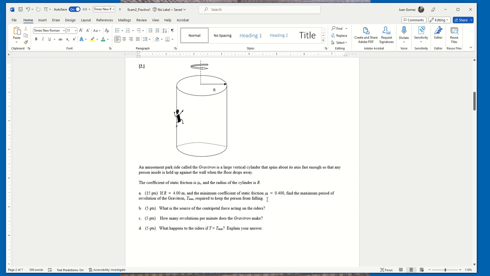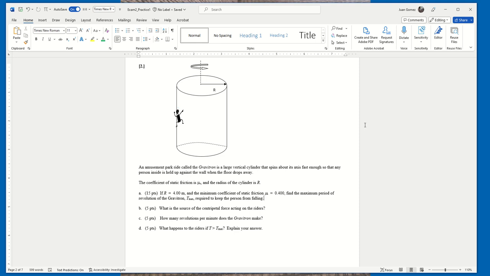Remember, the period by definition is the time for the Gravitron to undergo one complete revolution. The longer the period, the slower it's spinning.